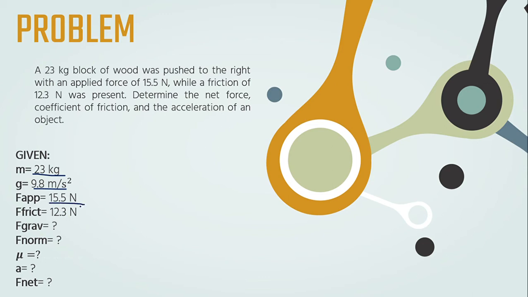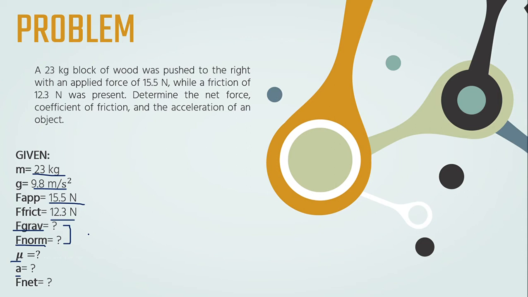F-fric would have a value of 12.3 Newton. So we need to find its F-grav, F-norm, coefficient of friction, acceleration, and F-net. Why do we need to find these two? We need to find these two in order to solve for coefficient of friction and F-net.